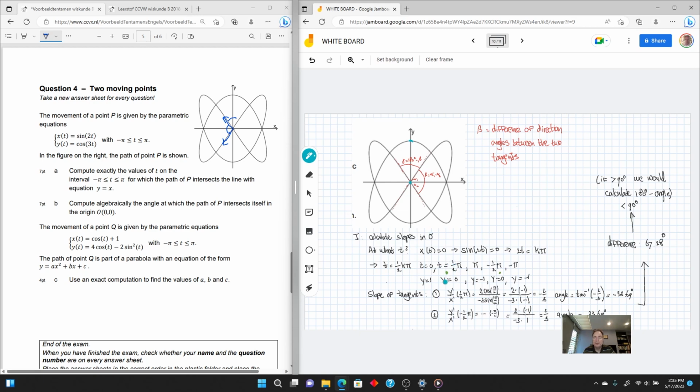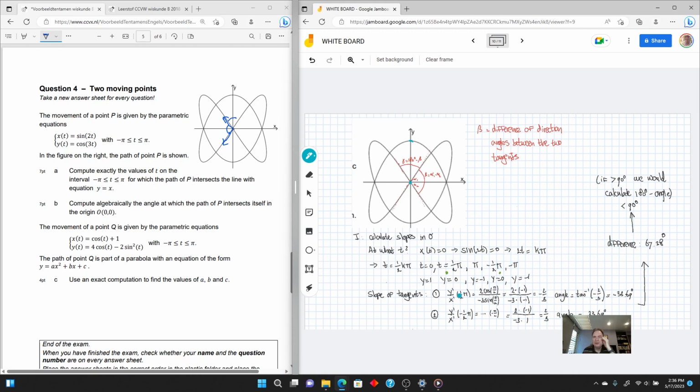Then t is 1/2 pi, and then the cosine of 3 times 1/2 pi is cosine of 3 over 2 pi. That's 0. So at t equals 1/2 pi, it is in the origin. And you also find that at minus 1/2 pi, this point is in the origin.